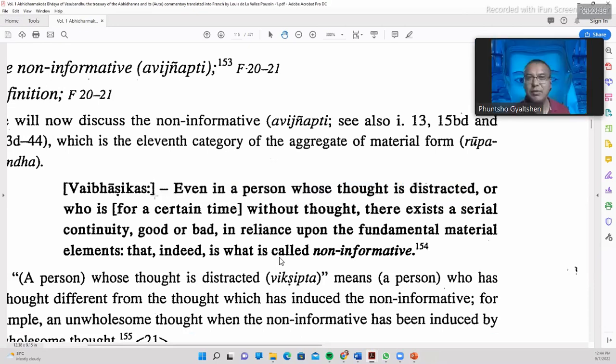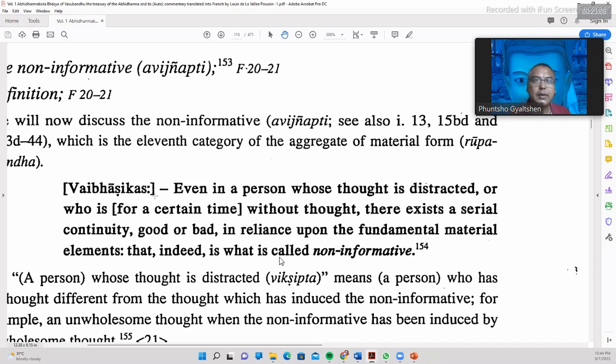The day you receive the ordination, it will be merged into your body, mind and speech, and it will always be there with you. Although this non-informative body could not be detected through your mind, your speech, or your body, it is invisible and undetectable. That's why it is non-informative.